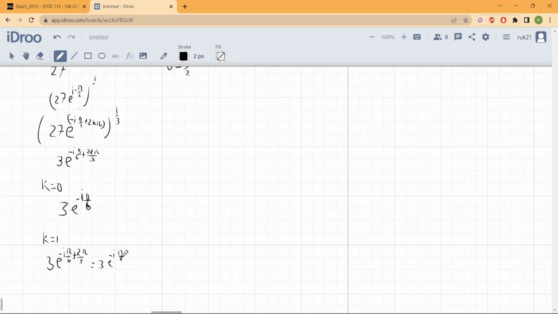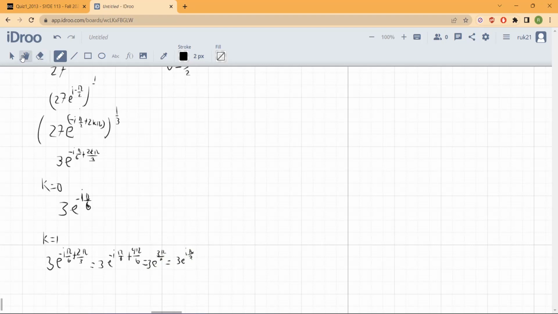And then we're just going to make 2 pi over 3 also have a denominator of 6, so we can add. It's going to be plus 4 pi over 6. And that is going to equal 3 pi over 6. So 3e to the i 3 pi over 6, which is just going to equal 3e to the i pi over 2.